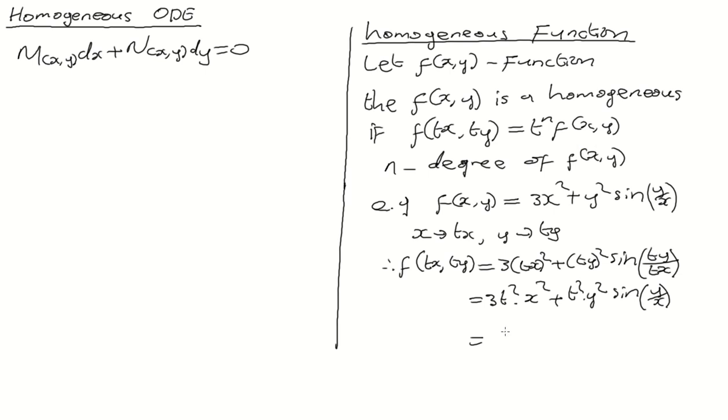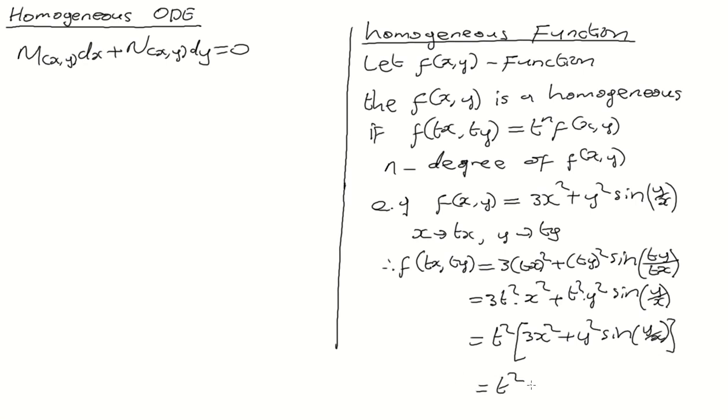Okay, so having t squared common, we can see that the first term will be left with 3x squared, plus the second term will be y squared sine y over x, close the brackets.